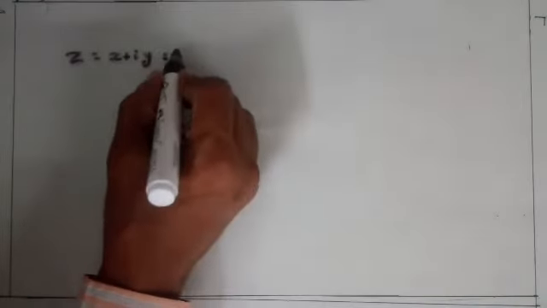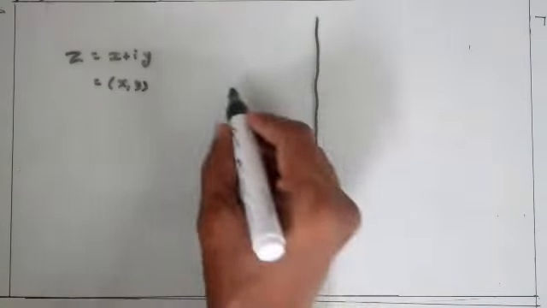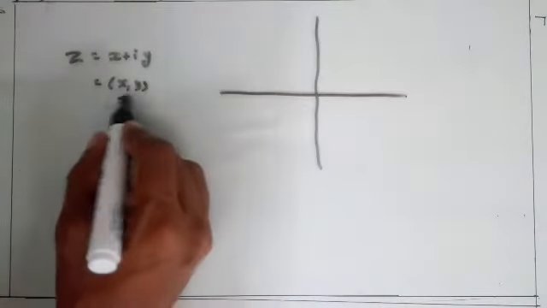Hello friends, in this lecture we discuss the Argand plane and the polar representation of a complex number. Friends, remember this: every complex number z = x + iy is a type of ordered pair (x, y), and we know that there is a point in the plane corresponding to the given point (x, y).